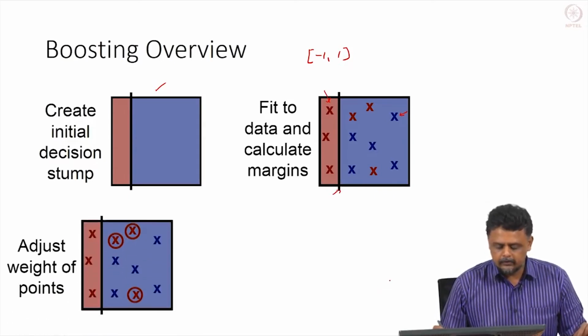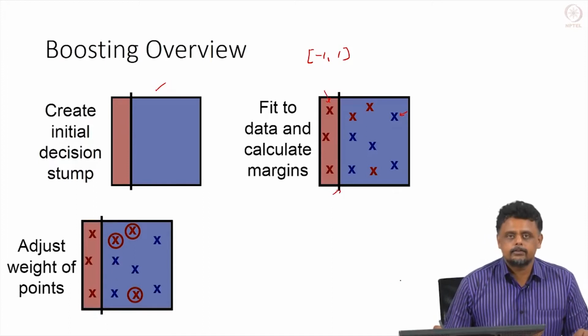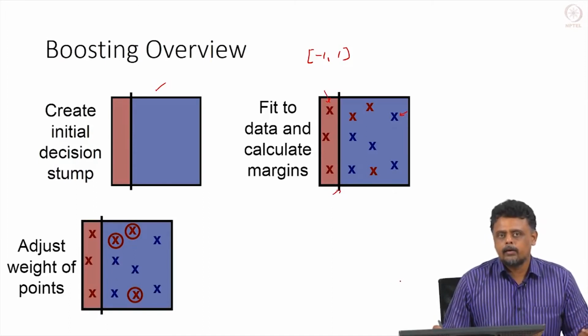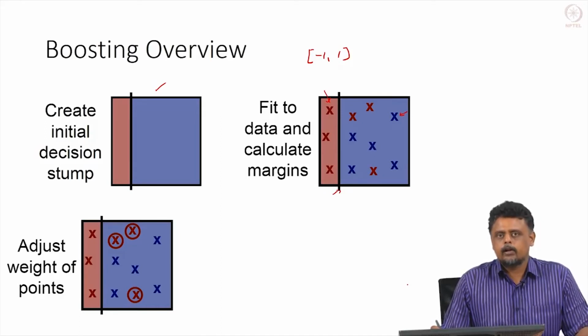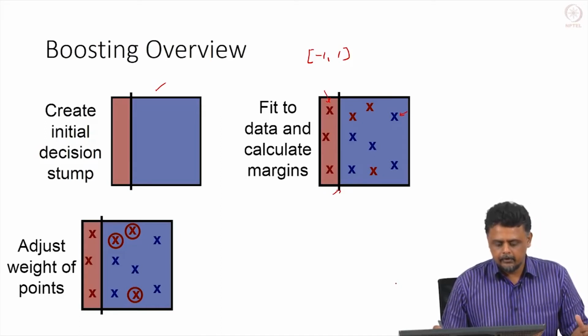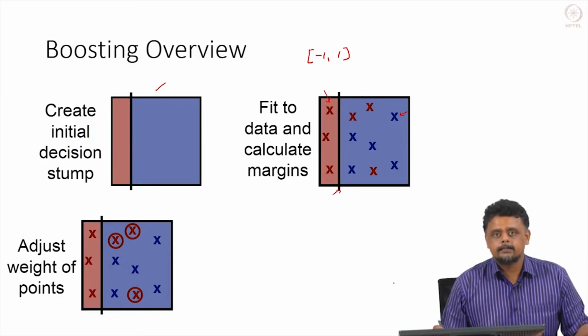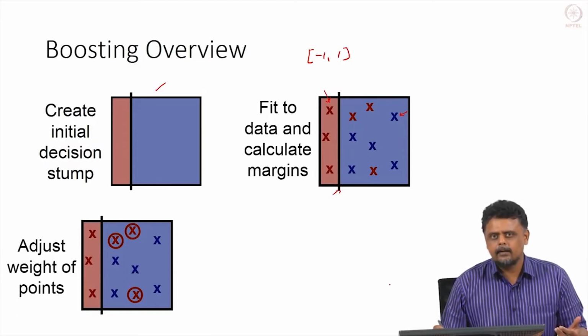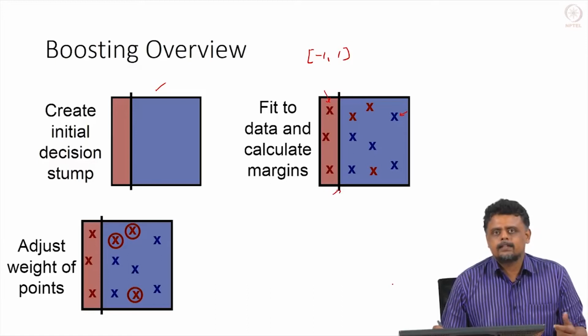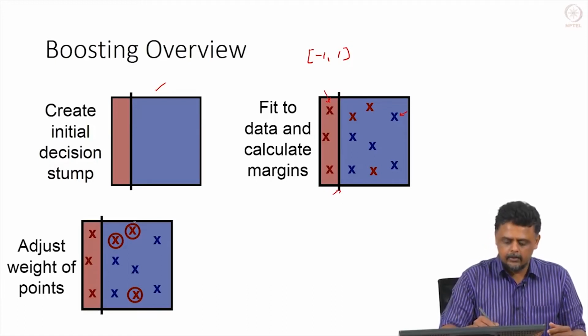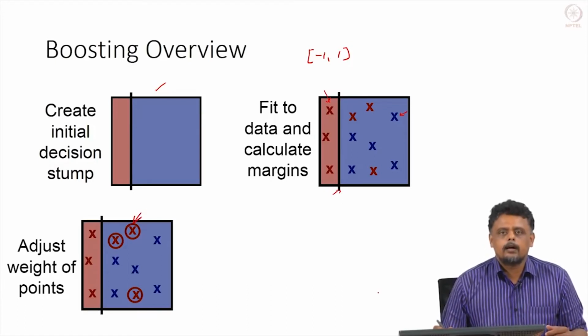So, then what we do is adjust the weights of those points. We assign some data weighting to those points when we calculate the loss function for the decision stump, and then we do a further classification after assigning weights. Think of assigning weights as follows: if you take a simple least squares cost function, you assign a higher cost to these data points compared to the others.